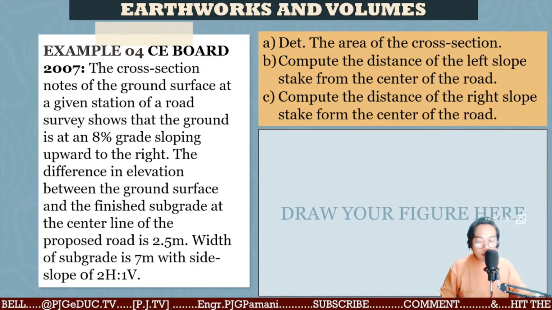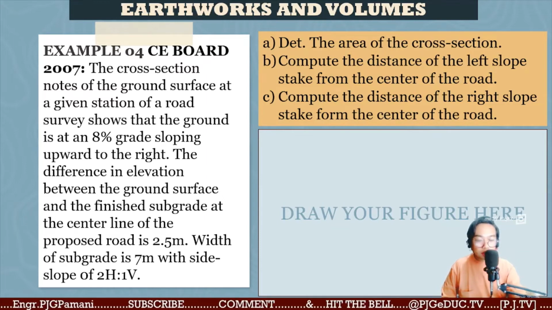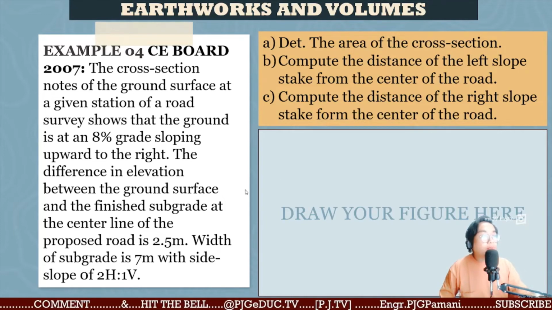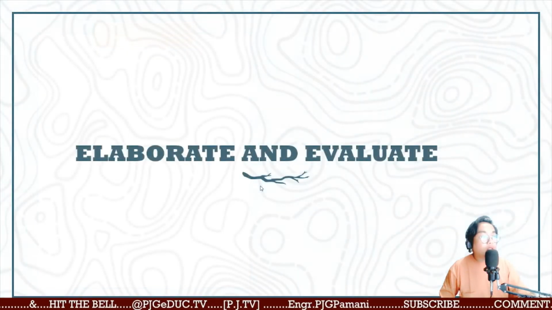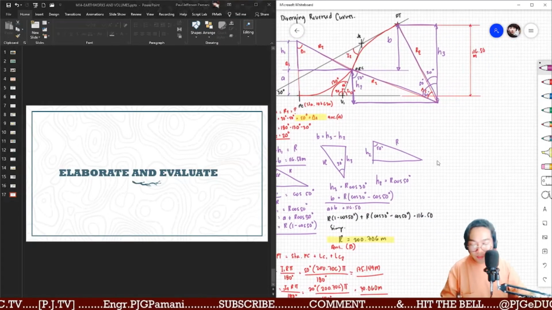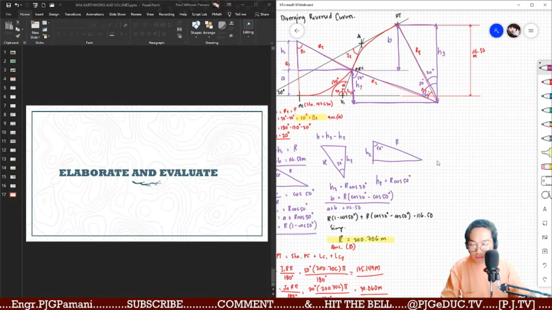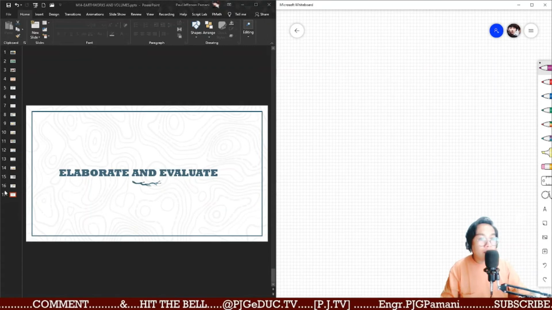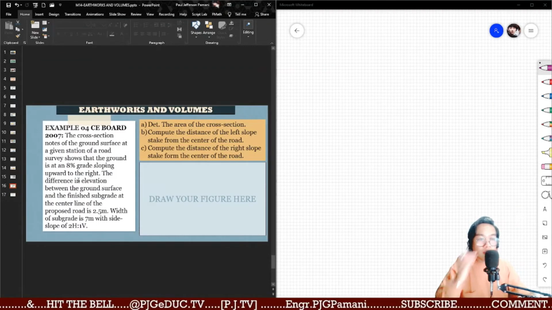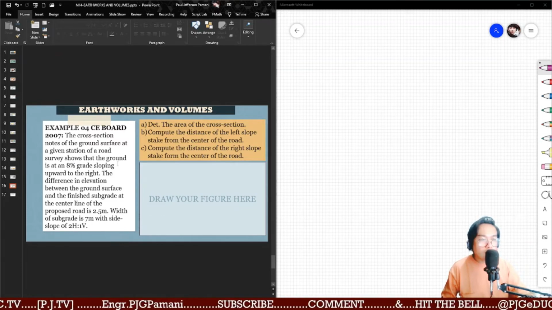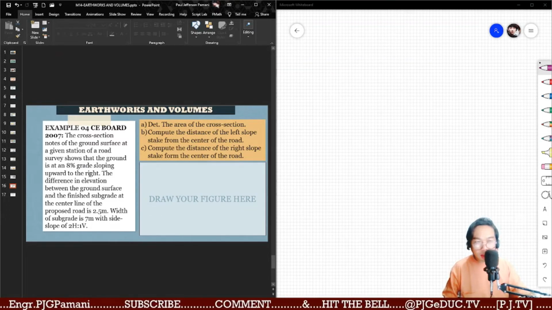Okay, ano yung kailangan natin dito? Right slope stake and left slope stake at saka yung area. Sabi niya sa problem, meron tayong subgrade, meron tayong slope upward to the right of 8%.